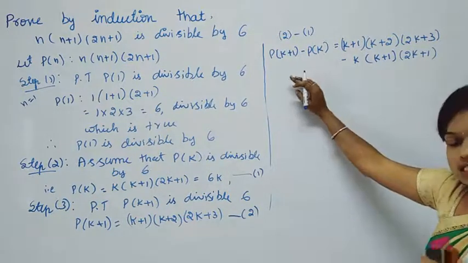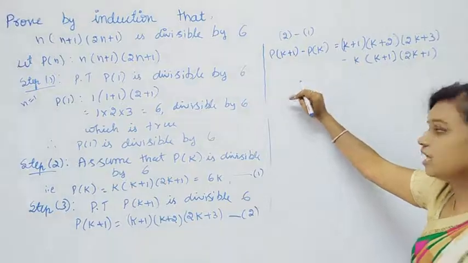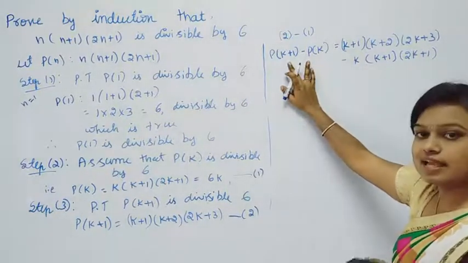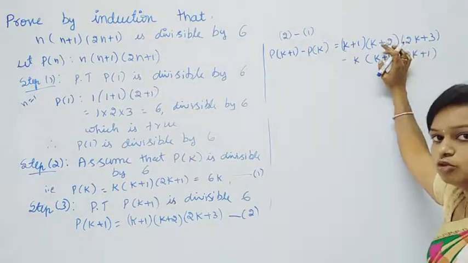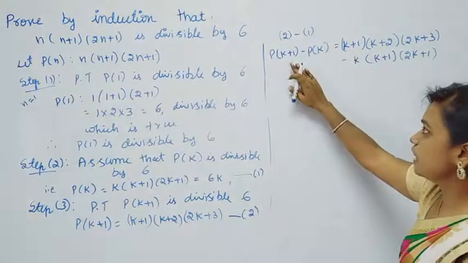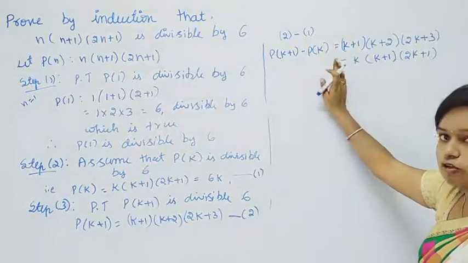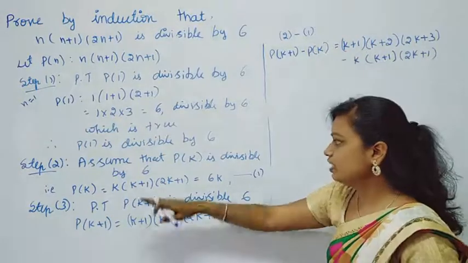So I subtract equation 1 from equation 2. This is the LHS of equations 2 and 1, this is the RHS of equations 2 and 1. p of k plus 1 minus p of k is equal to, then write this one minus this one.